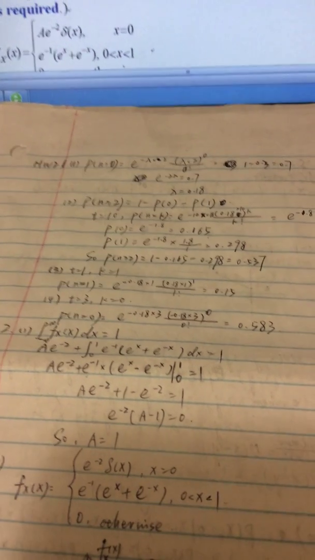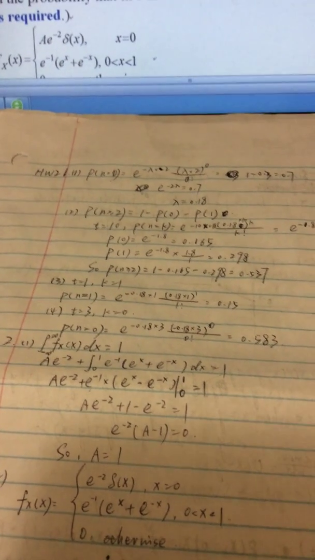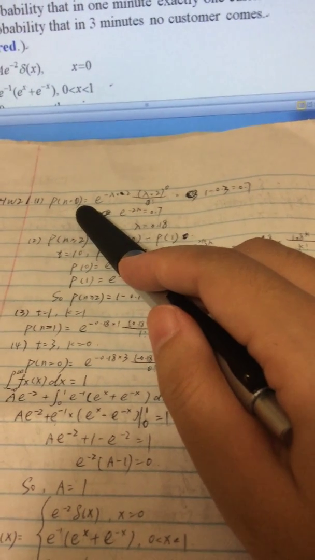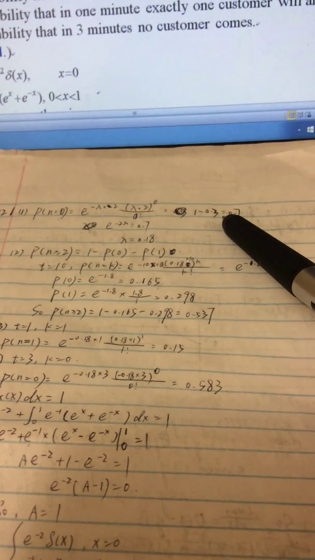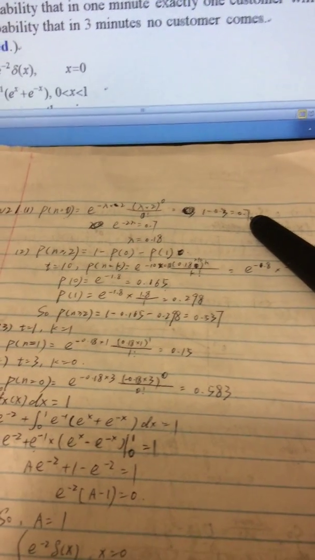Okay, let's first come into the first question. The question gives us the information that at least one customer arrives, the probability of it equals 0.3, which means when n is greater than or equal to 1, the probability of it is equal to 0.3, which means the probability of n equals 0 is 1 minus 0.3, which is 0.7.